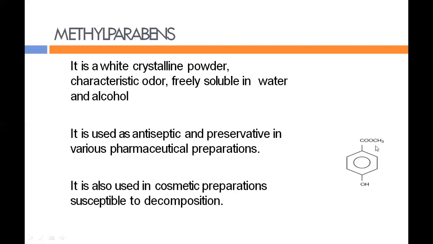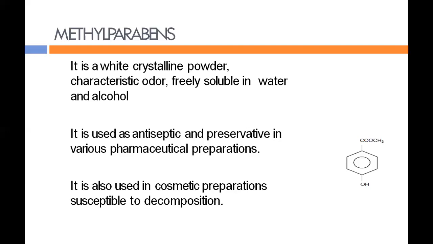So this is methyl parabene. In propyl parabene, this will be replaced by a propyl group, and that is why propyl parabene has lesser solubility in water as compared to methyl parabene. And that is the reason that while preparing an emulsion, you have to mix two phases. One phase is the oily phase, the other phase is the aqueous phase.